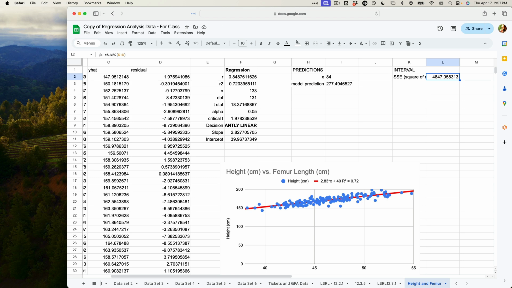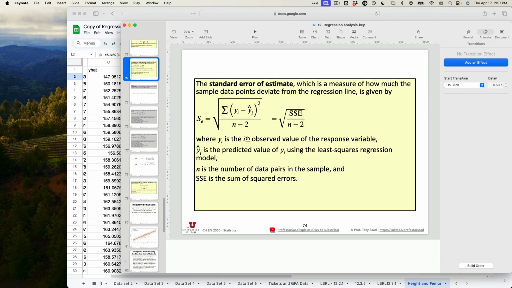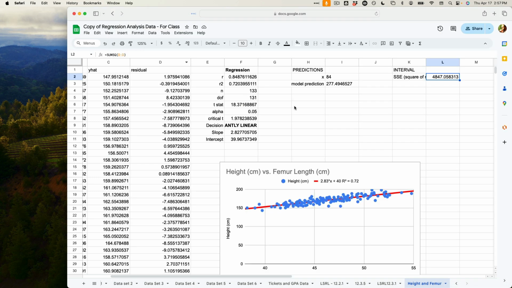What I'm trying to do here is first compute my standard error, which is the square root of the sum of the squares over n minus 2. What I just computed is SSE, the sum of the square of the errors. Next, I'm going to compute my SE, or standard error.